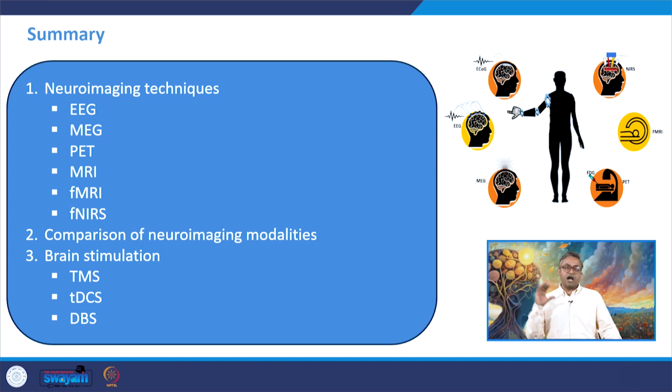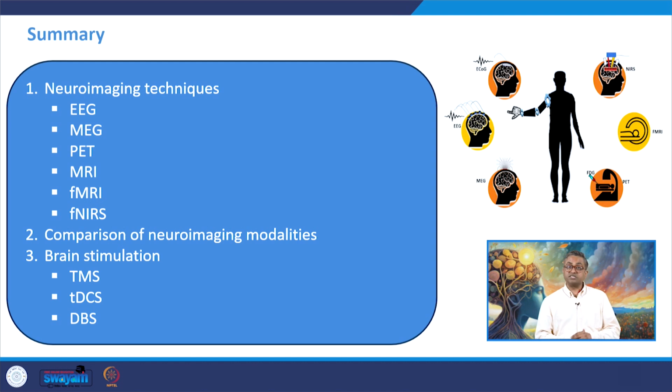Some tools are good in temporal resolution, some are good in spatial resolution. Till date, only a few tools are very good in both. Spatial and temporal resolution are important for us to know at what time point precisely the cognitive process has started and precisely which part of the brain is responsible for such processes.